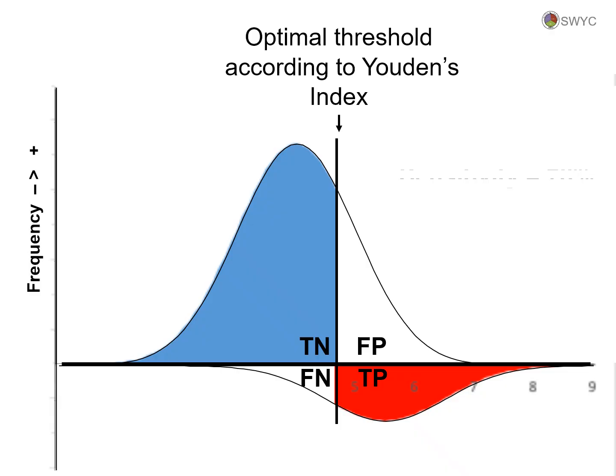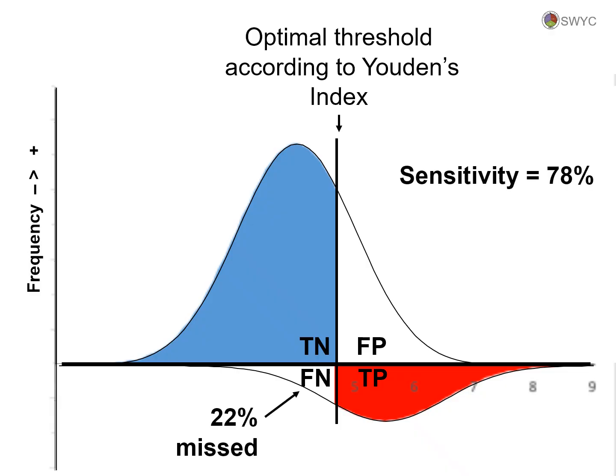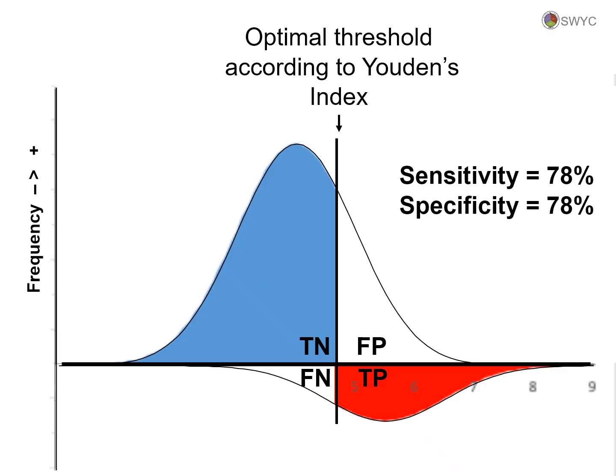This means that sensitivity is 78%. So we will miss 22% of children with problems. And it means that specificity is 78%. So 22% of typically developing children will falsely screen positive. And it means that fewer than 50% of children who screen positive will actually have problems.